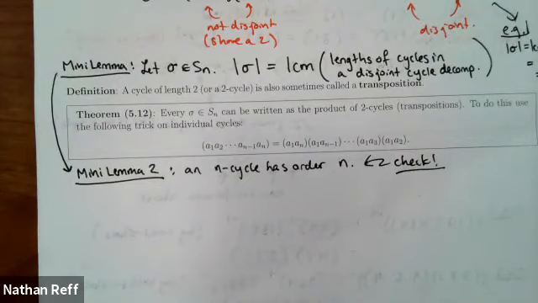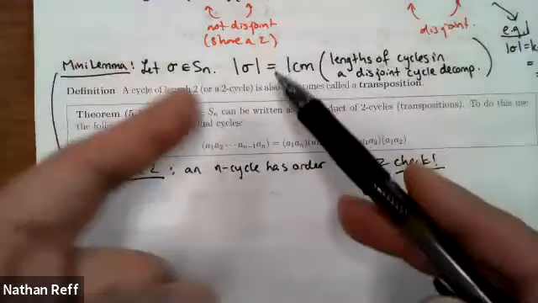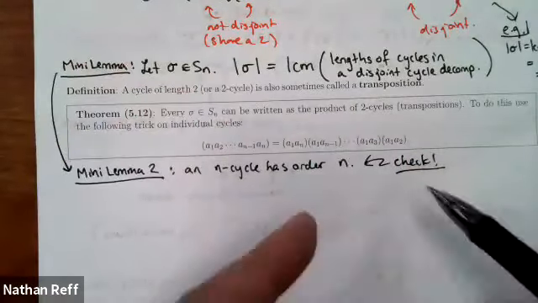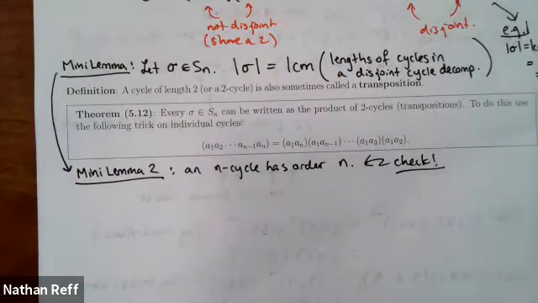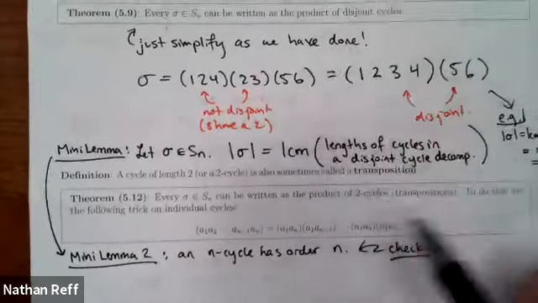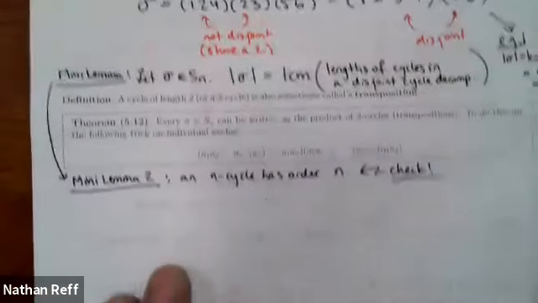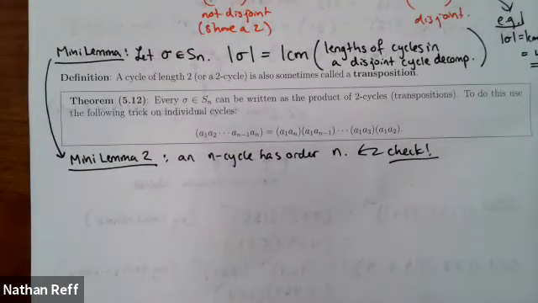And then if you have a general element, you can always write it as a product of disjoint cycles, and then the order will be the least common multiple of each of those individual disjoint cycles. You have to first find a disjoint cycle decomposition, which we said always exists. We didn't prove it, but it does always exist, and then you can use it.